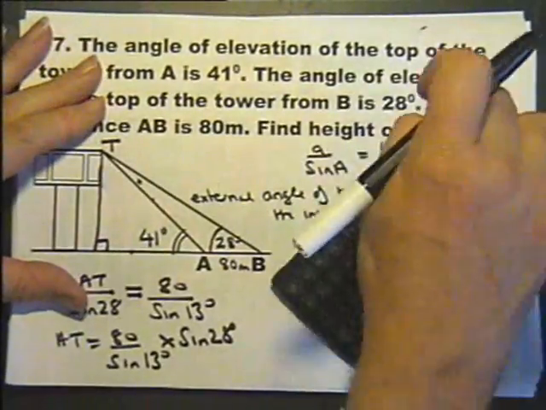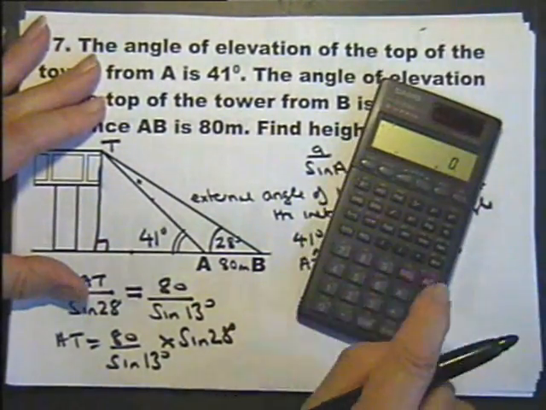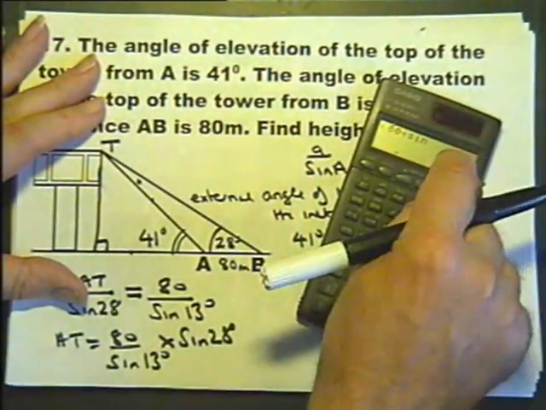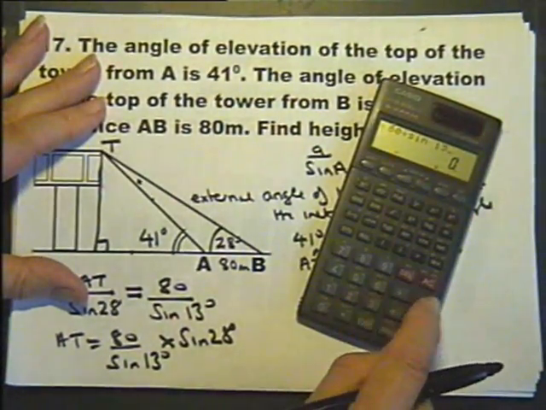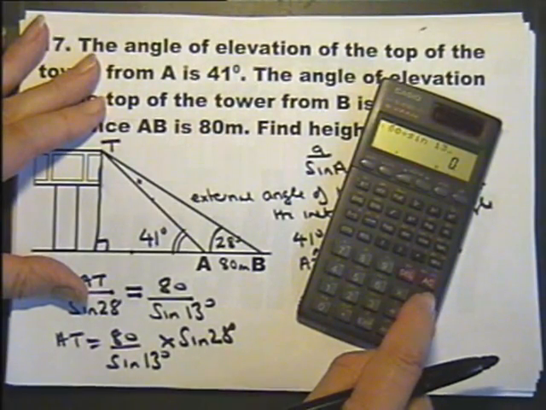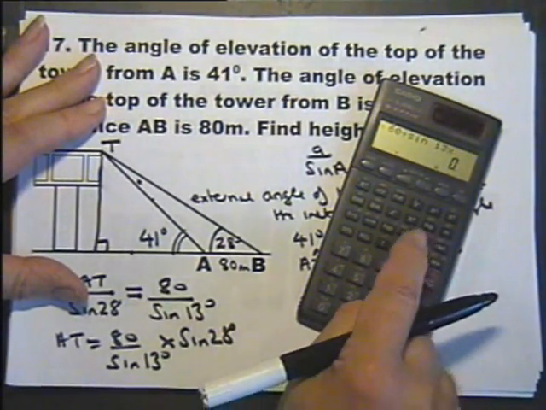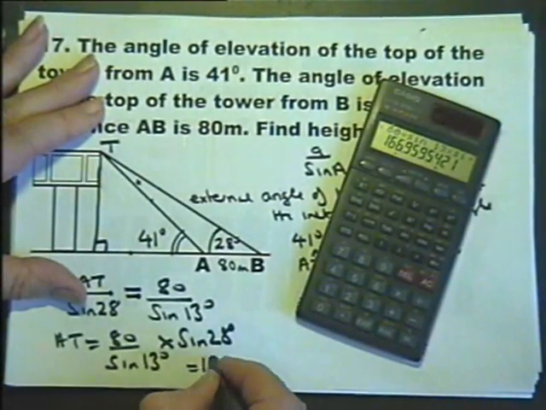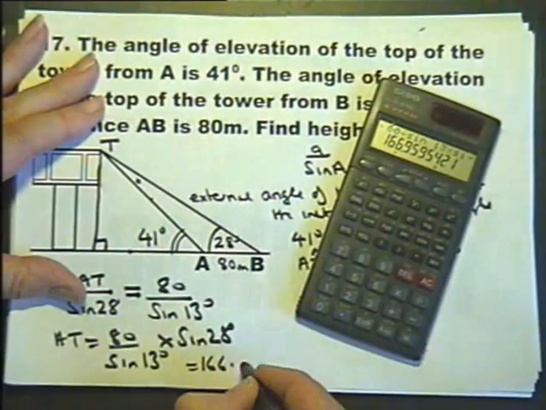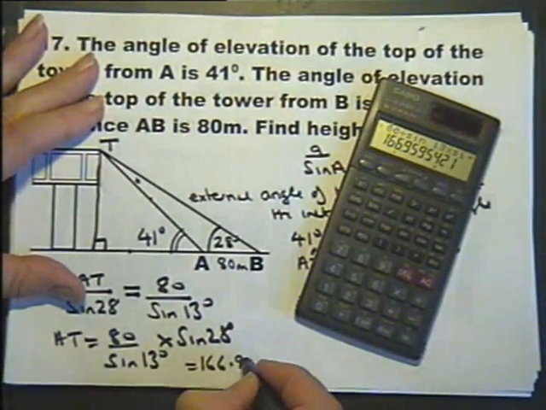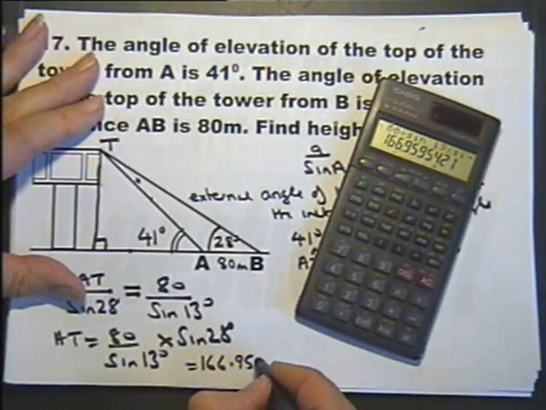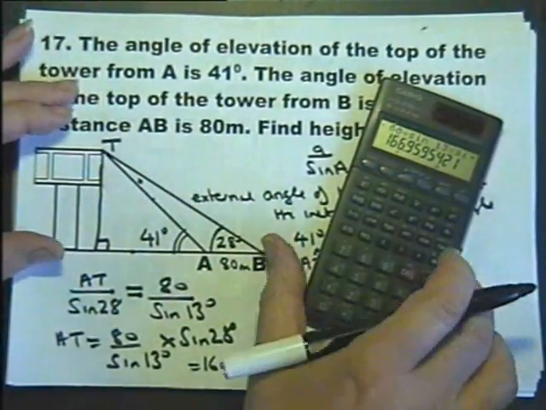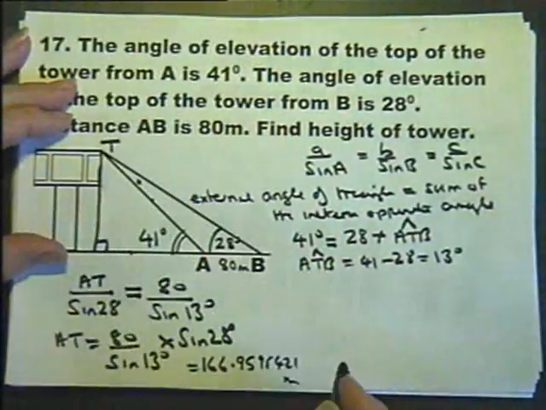Okay. 80 divided by the sine of 13, is it in degree mode? Multiplied by sine of 28. 166.95421 meters. Okay, now we're getting somewhere.